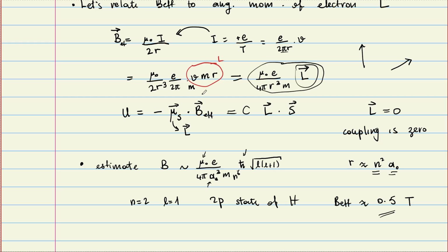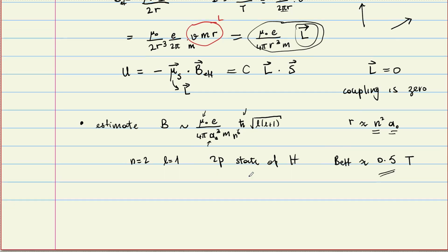But luckily, we don't have to worry about that because there's R cubed. As long as you are far from the proton, it's going to be decreasing with 1 over R cubed, which the electron cannot do. So we can similarly estimate the U effective. So let's estimate U. And for U, B is estimated. For mu S, I'm going to put spin, right? Mu is, if you remember, some g times e over 2m times h bar over 2, right?